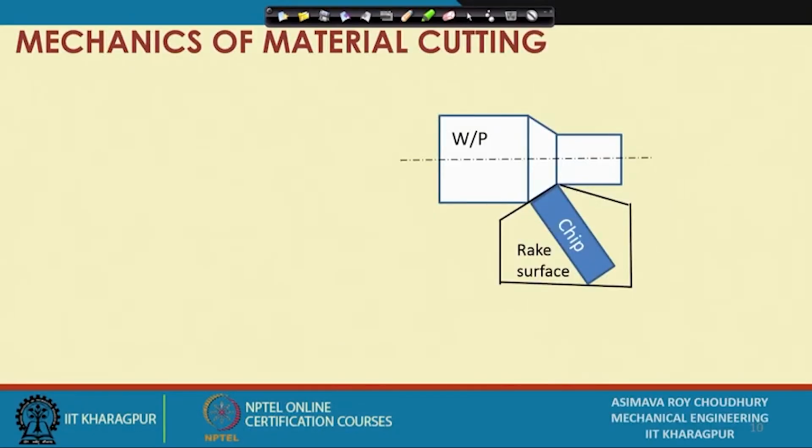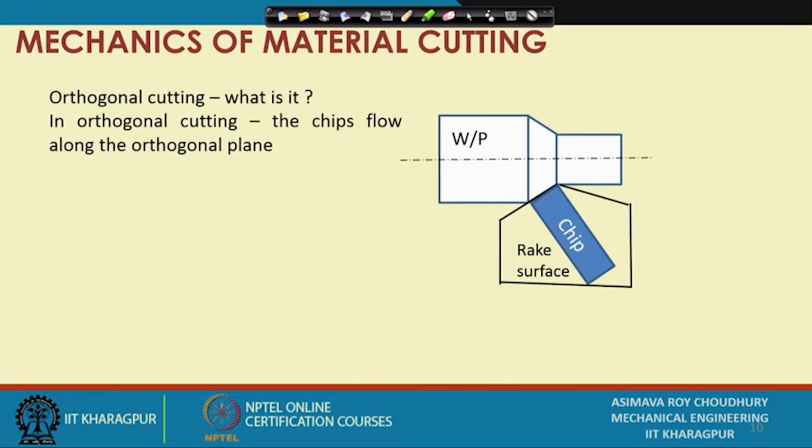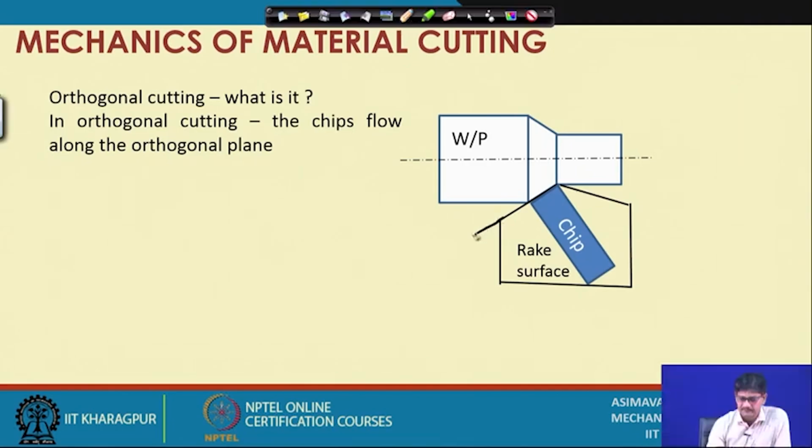Here, first of all, we see a chip coming out of the cutting zone in a particular direction, and you will notice that roughly I have indicated that the chip is coming out in the orthogonal direction. What is orthogonal direction? This one is the trace of the cutting plane seen from top, cutting plane or pi c.